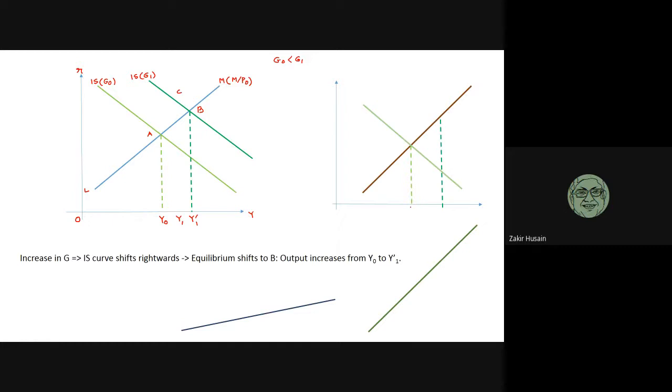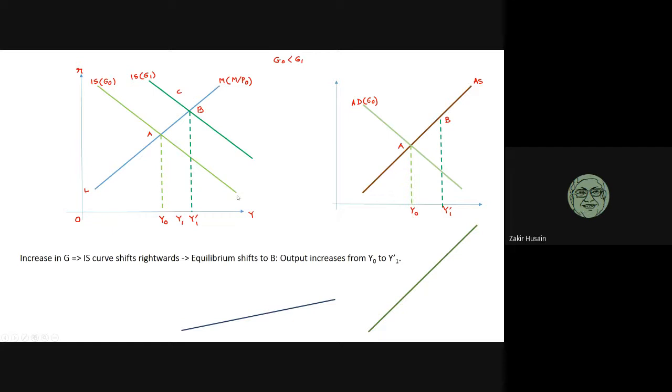Sorry, I'm taking up some time. This is the aggregate demand curve. This is aggregate supply. So this is when it is G0. Okay, so this is the initial LM curve.